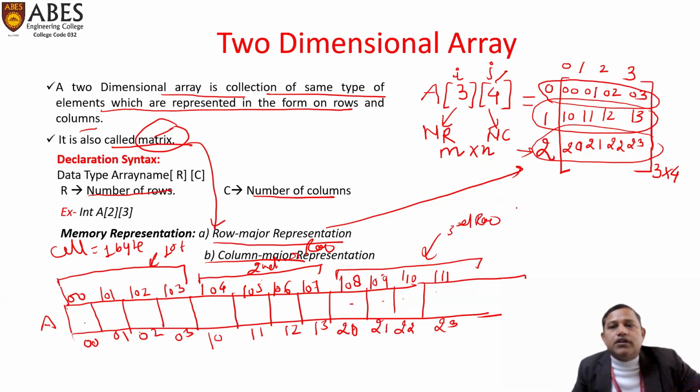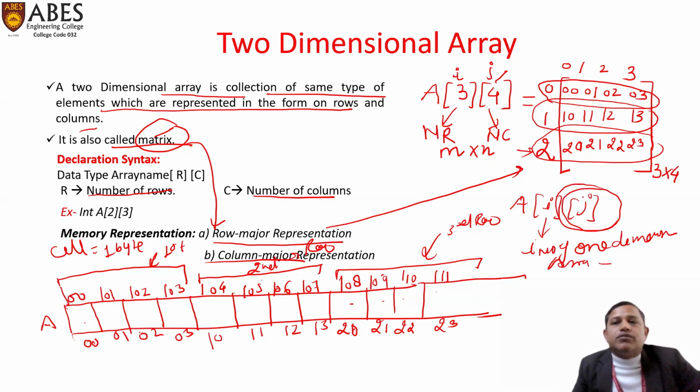Similarly, if an array has I rows and j columns, there are I one-dimensional arrays in memory, and each contains j elements. Here there are 3 rows, meaning 3 one-dimensional arrays, and each contains 4 elements.